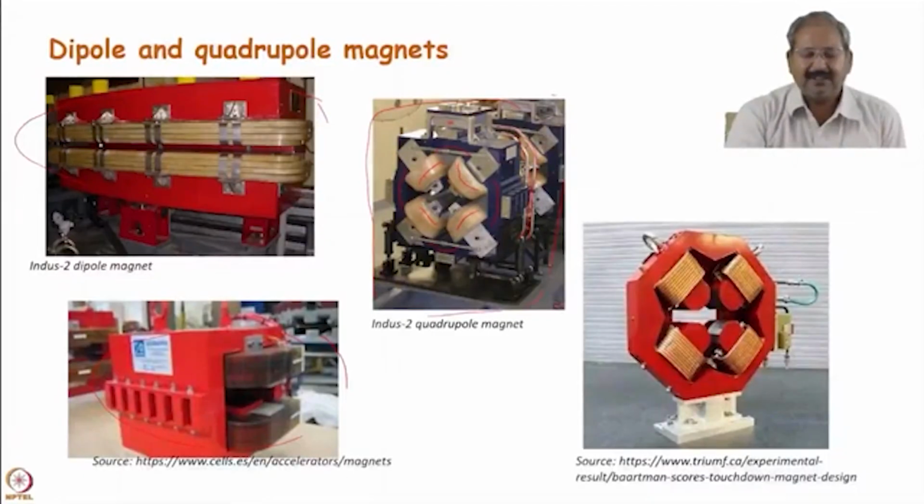These coils are actually hollow inside, and this is a water pipe which sends water inside those tubes. This water, before sending to the magnets, must have been treated. It has to be of low conductivity, otherwise shorting will take place inside the magnet. So before switching on the magnets, one has to have these cooling water channels inside the magnet, and it should be on.